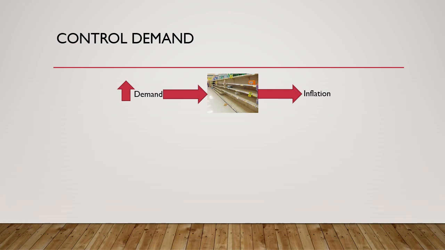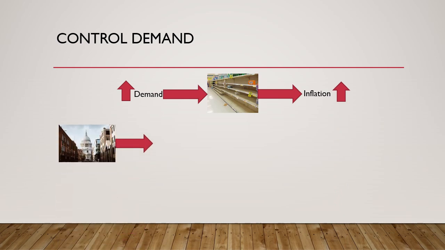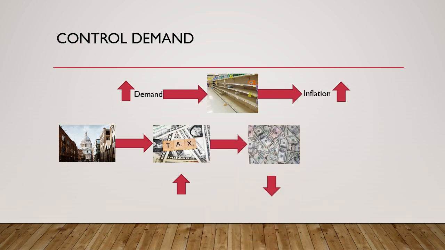This gives rise to inflation. Hence, the government comes in and raises the taxes. This leads to lowering of money supply in the economy and thus reduction in demand, which leads to reduction in inflation of the economy.